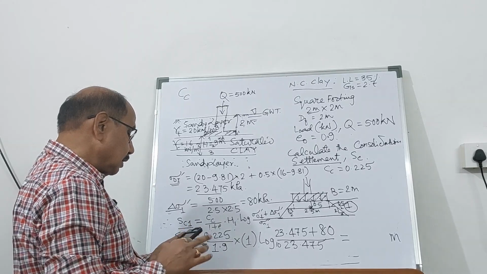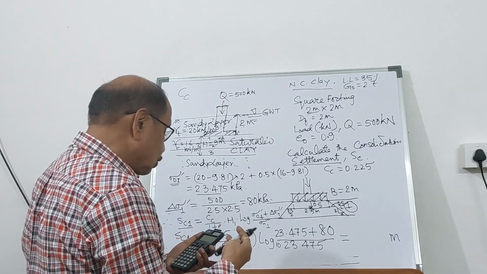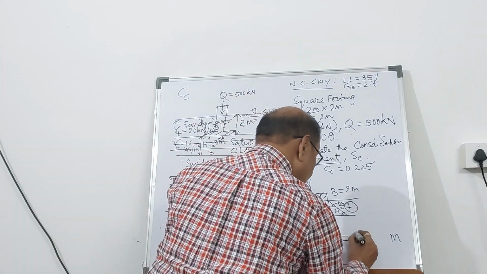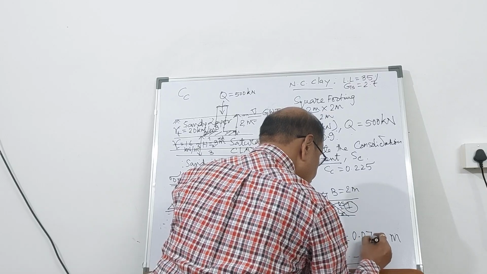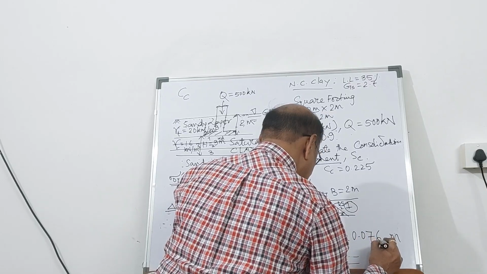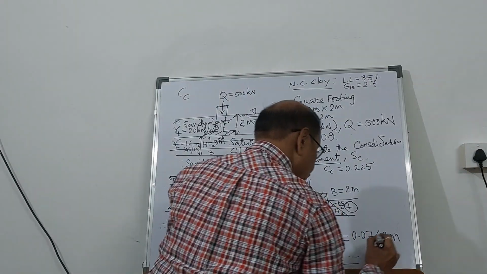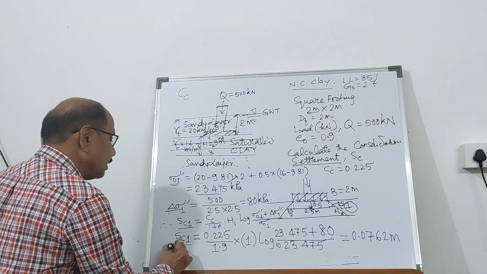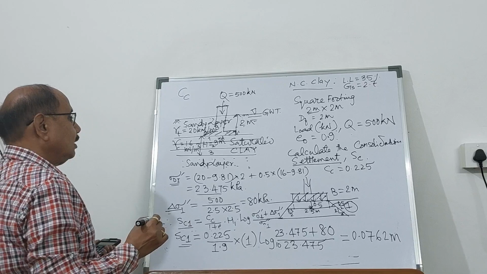This gives you 0.0762 meter. So we know the consolidation settlement of layer 1.